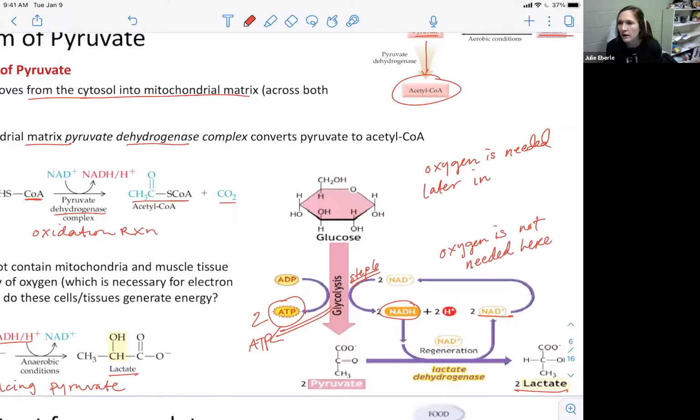In electron transport, right? It's the final electron acceptor in electron transport. So it's not that we need oxygen here, but we don't want to run a whole bunch of reactions and use a lot of energy trying to get to electron transport if we can't even run electron transport in our red blood cells or in our muscle tissue because they don't have mitochondria and we don't have an oxygen supply. Does that make sense? We can just generate our ATP this way from glycolysis.